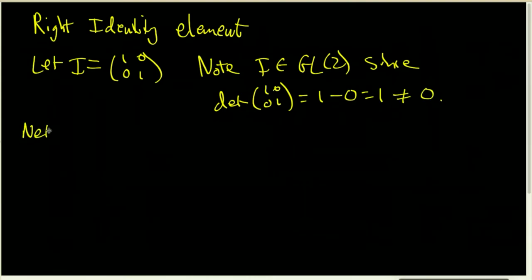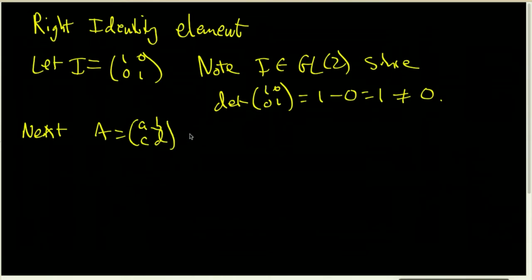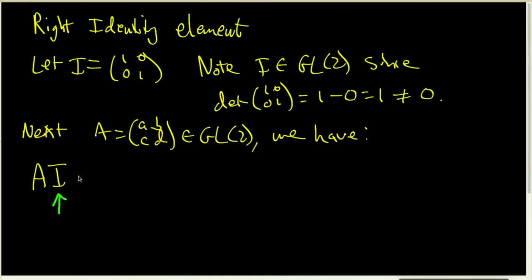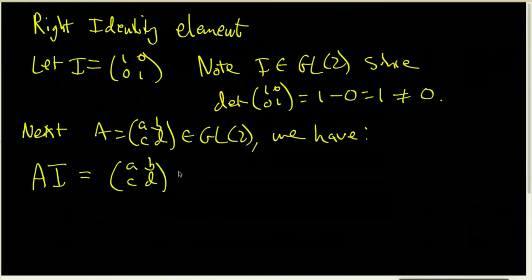Next, if I let A be a matrix that is inside GL2, we have the following matrix product. If I look at A times I, you will notice that I have put I on the right side of the product. This is, of course, A, B, C, D times 1, 0, 0, 1.